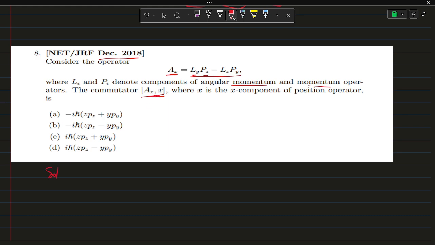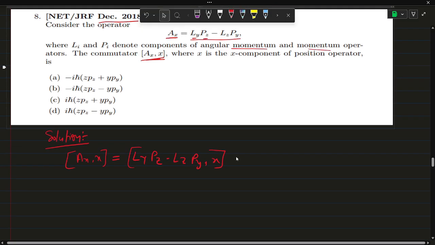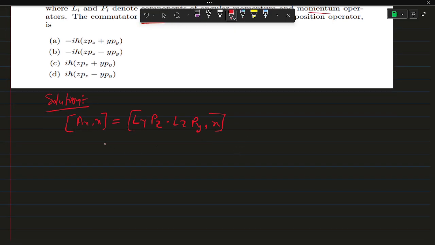So the solution will be: the commutator of Ax with x is equal to Ly Pz minus Lz Py with x. So we can break it: Ly Pz with x, minus Lz Py with x.